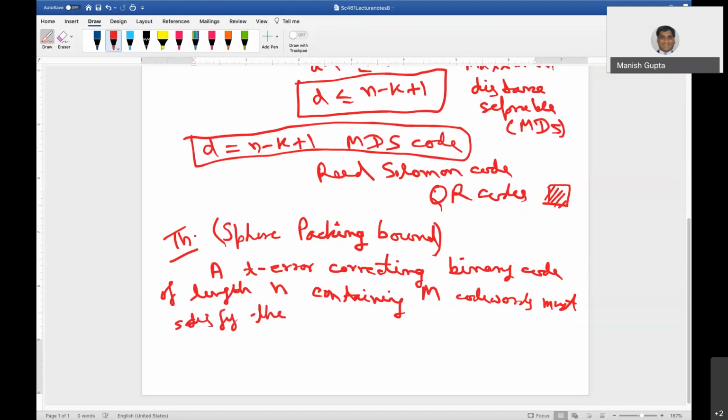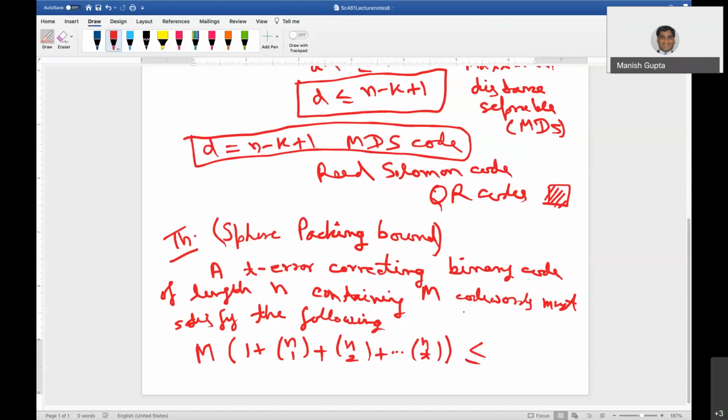The relationship says that capital M times (1 plus n choose 1 plus n choose 2 plus dot dot dot n choose t) is less than or equal to 2 raised to power n.